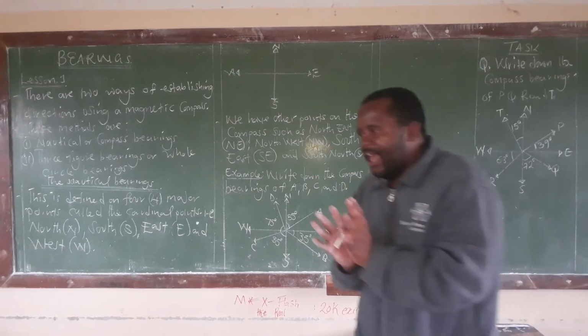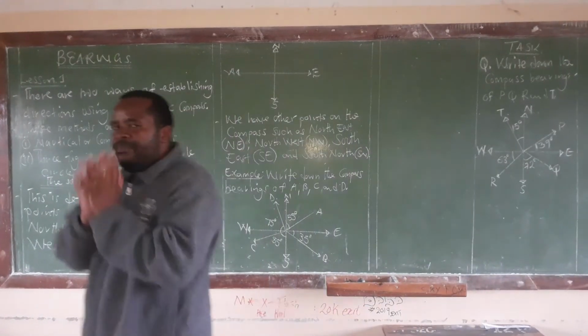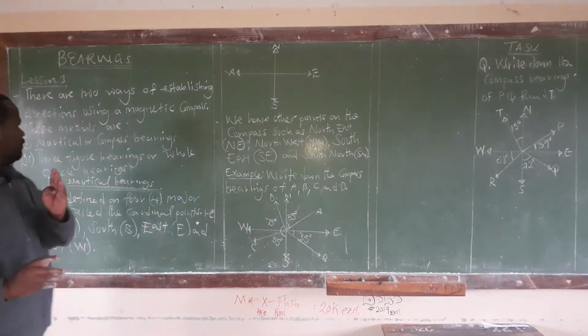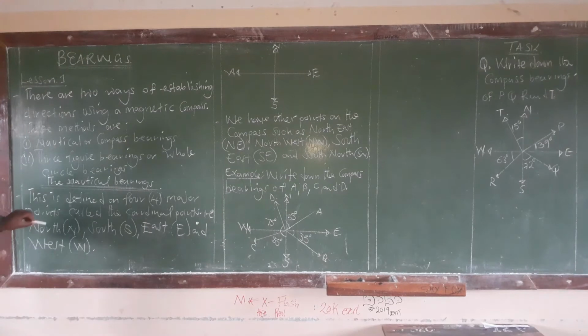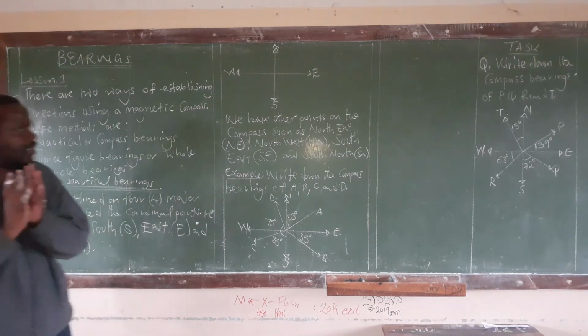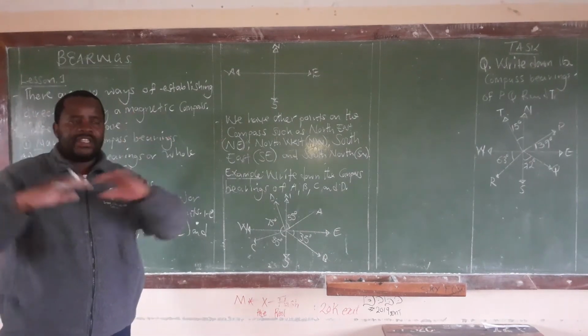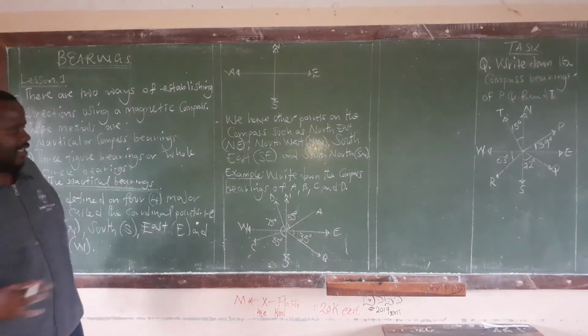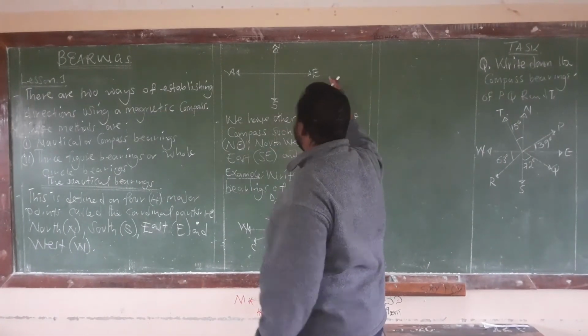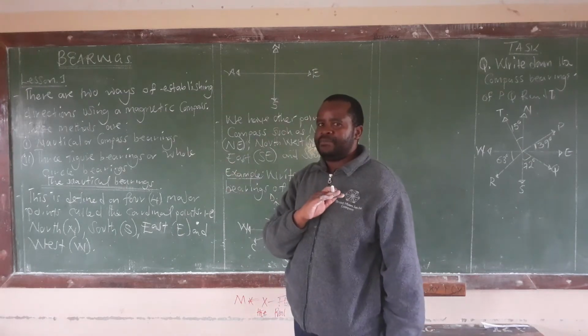So we define the nautical bearings by using the 4 critical points. These 4 points, that is the north, south, east, and west, are also called the critical points.